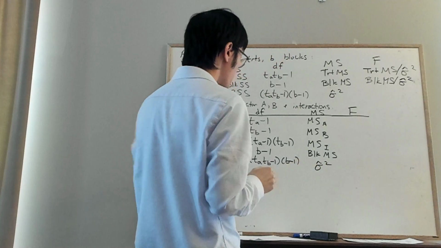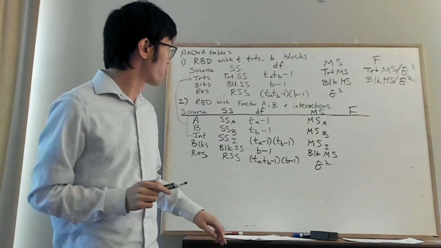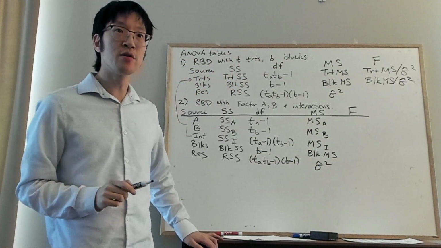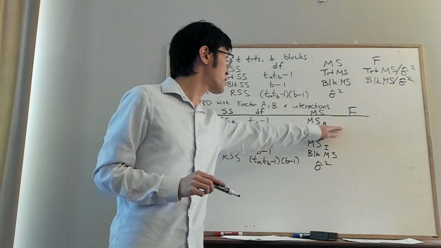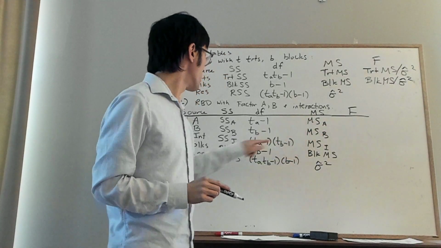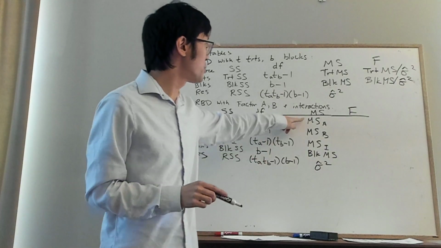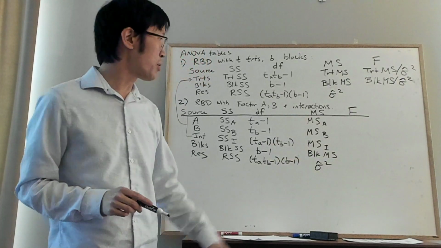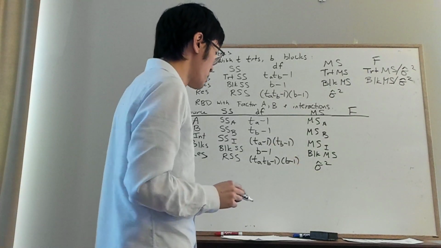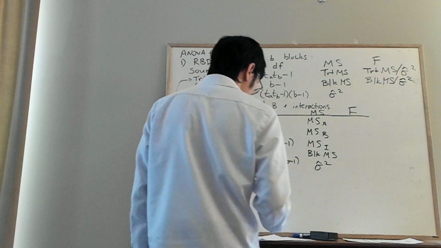Okay, F statistics. The pattern is quite straightforward. To calculate the F statistic, you just take the mean square. For each row, you can calculate an F statistic. Just take the mean square and divide by sigma squared hat, and that gives the F statistic for the corresponding test of hypothesis.